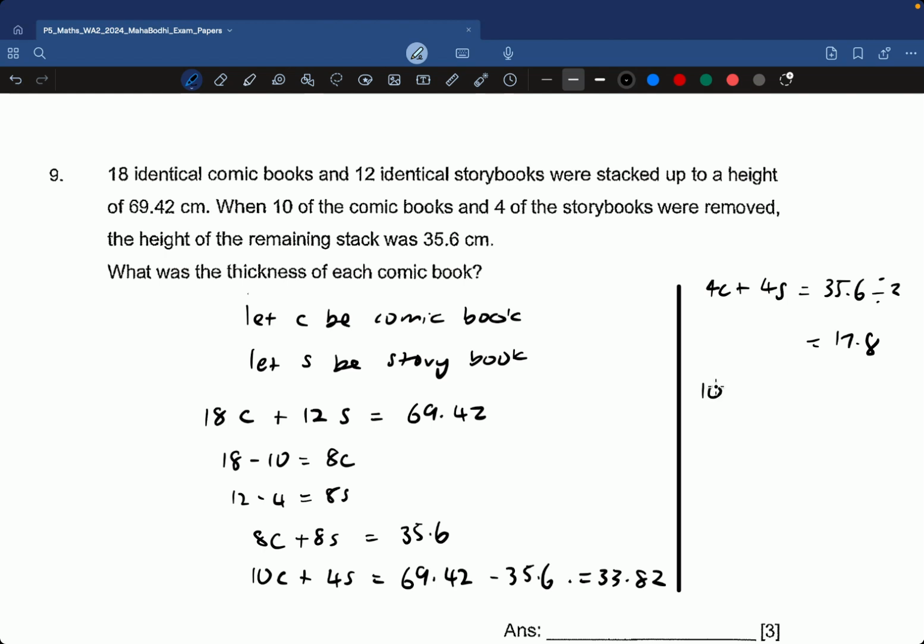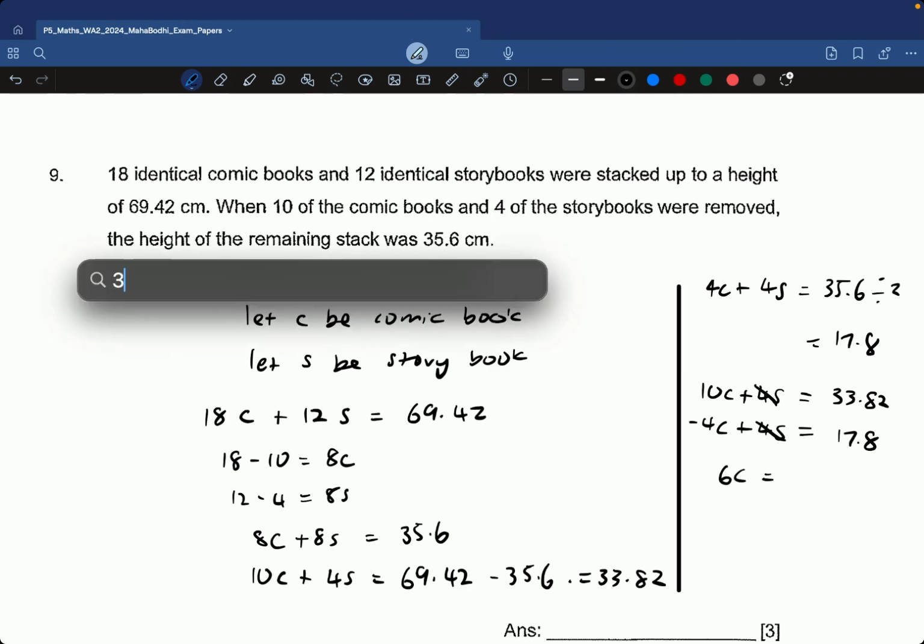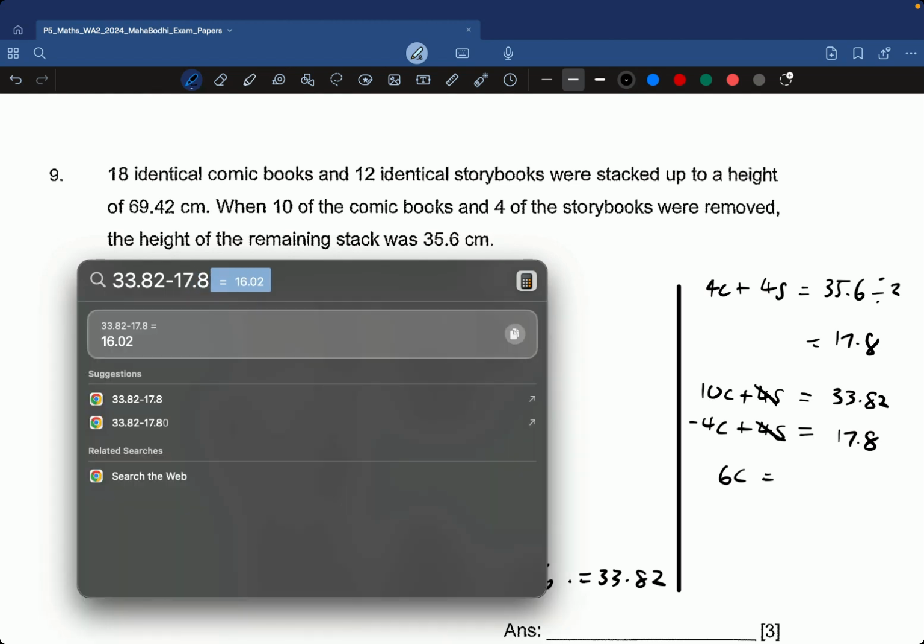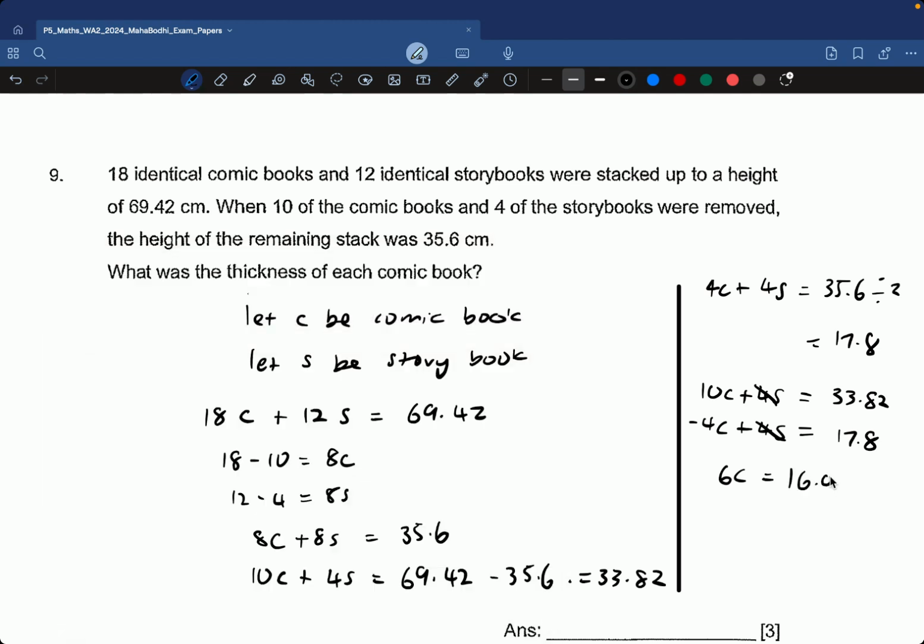So 10C plus 4S, which is equal to 33.82, we can minus 4C plus 4S, so we can cancel the 4 storybooks. This is 17.8. So 10C minus 4C gives us 6C, which is equal to 33.82 minus 17.8, and this gives us 16.02.